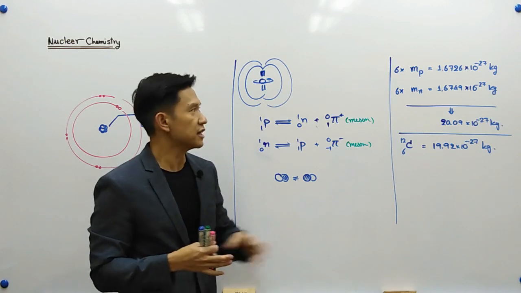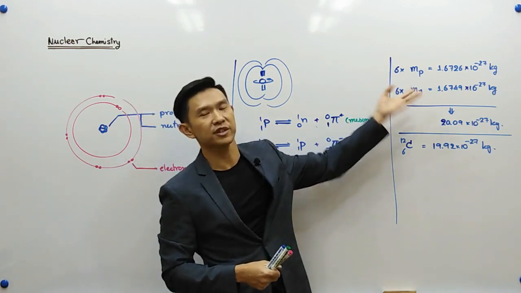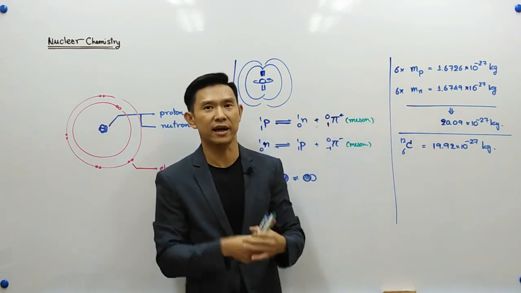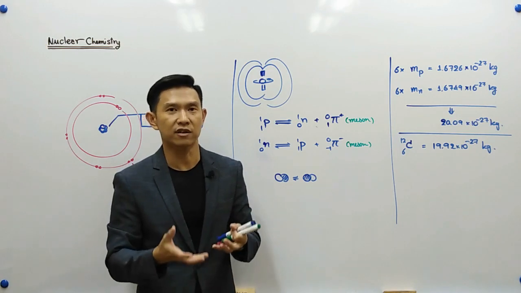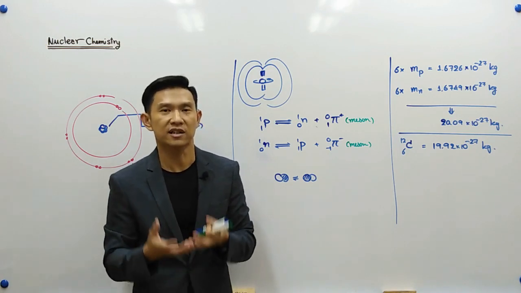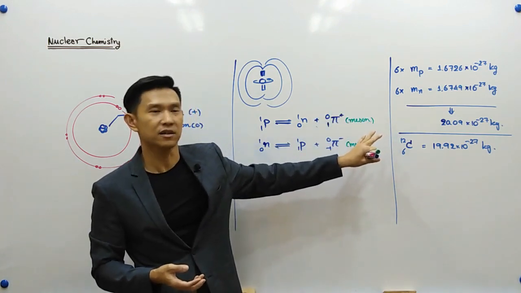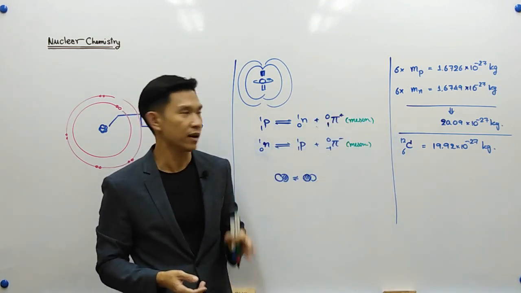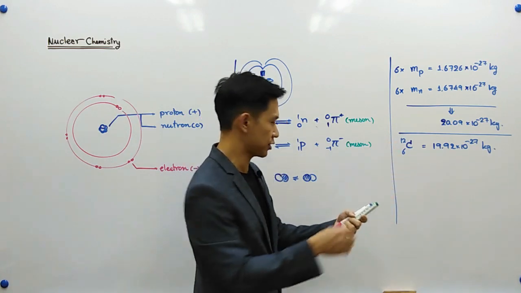It seems impossible, like when you put 6 apples and 6 bananas together in a basket, but now the mass of the fruits in the basket is less than the mass of the apples and bananas, right? So why? As you can see, there is some kind of mass loss.